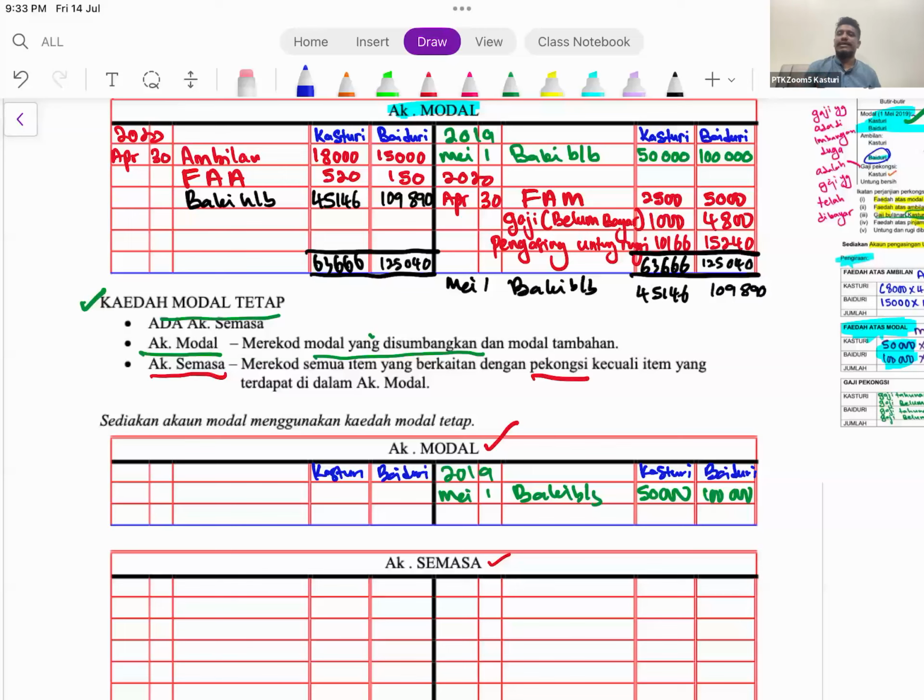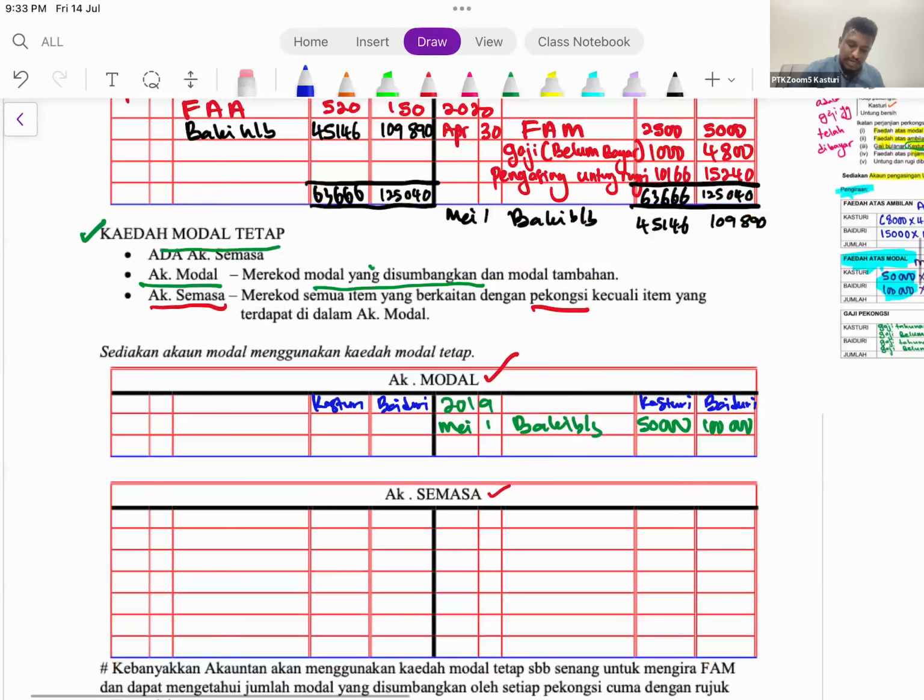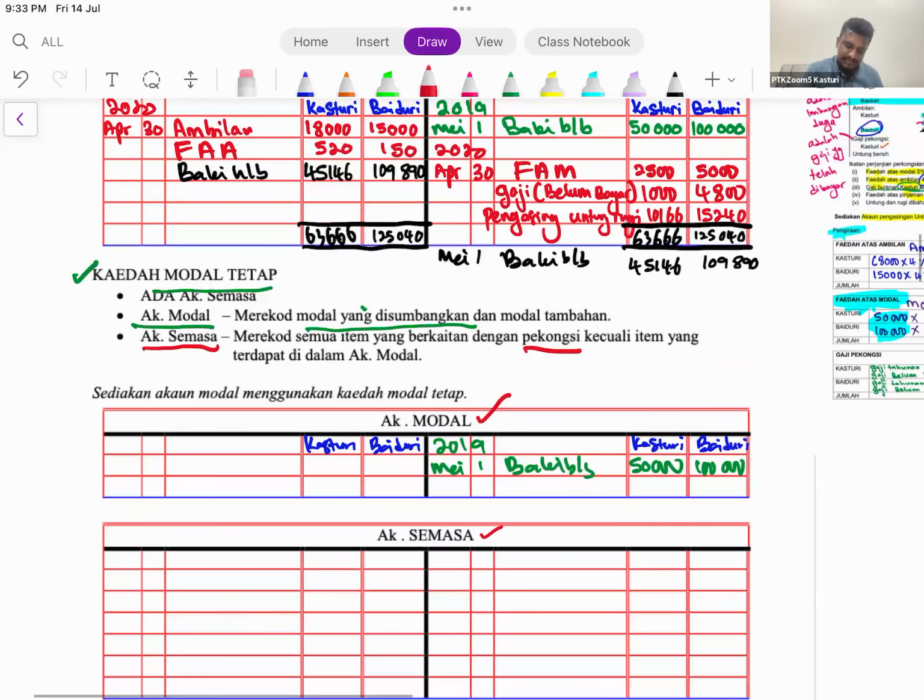Finish. That's it in the account modal. Other than the baki account modal yang berkaitan dengan pekongsi, will be recorded dalam new account called account semasa.